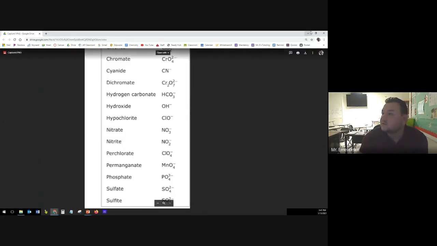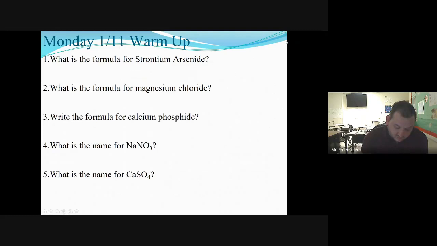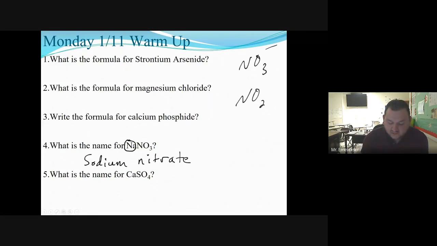Let's go back. This right here is sodium. So I'm going to write sodium. It's not supposed to be capitalized, but I usually capitalize it for some reason. And then nitrate. You have to keep in mind that there's nitrate, which is this one, nitrite, which is this one, and nitride, which is that one. That's the 3 that you'll see for nitrogen.